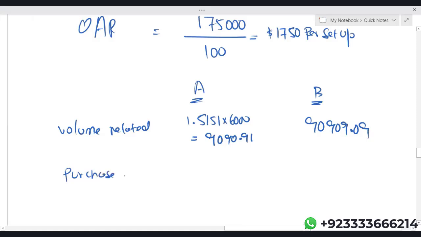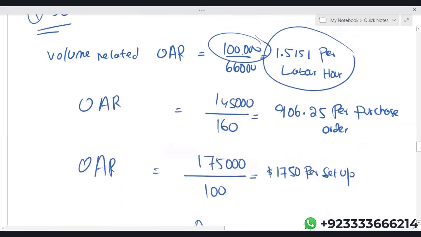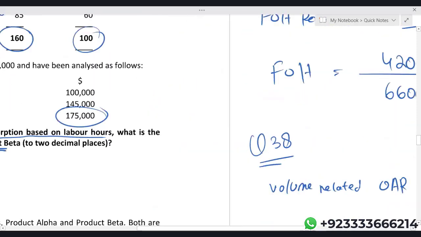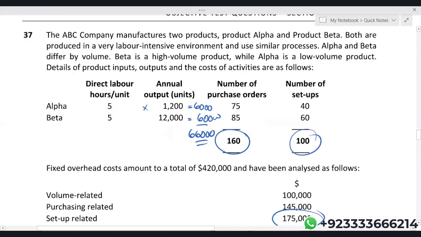Purchase related. Per purchase order, this is the cost. I just need to know how many purchase orders belong to alpha. That is 75.